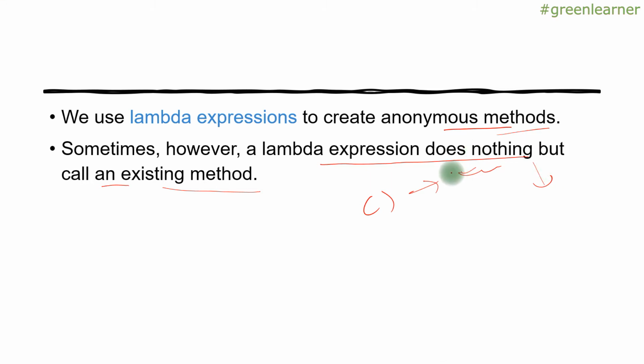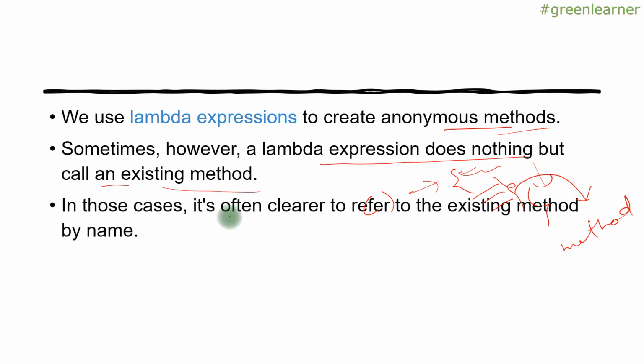Normally you use curly braces and write the method body, but sometimes you want to extract that line into a separate method. In those cases, it's often clearer to refer to the existing method by name. It is a more clear and more readable way.